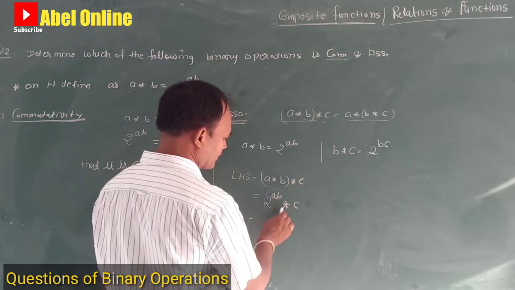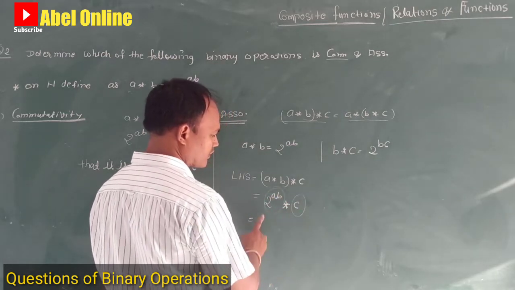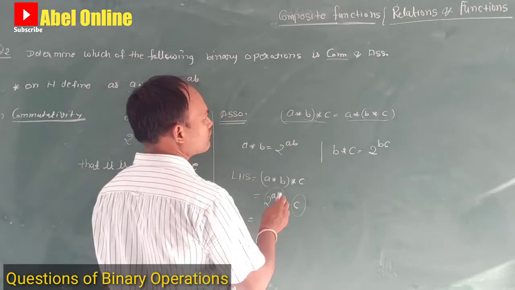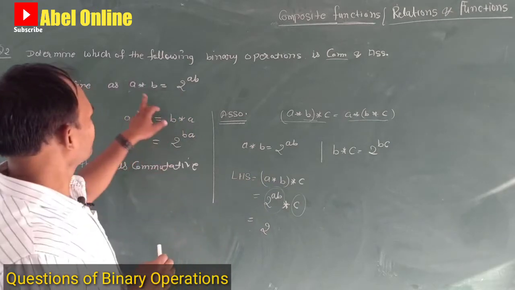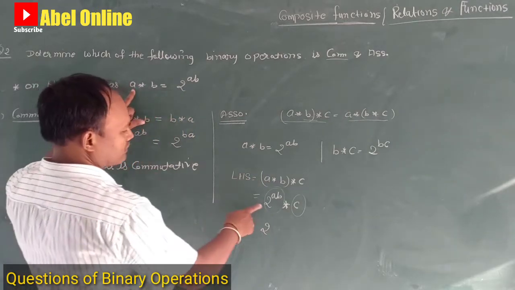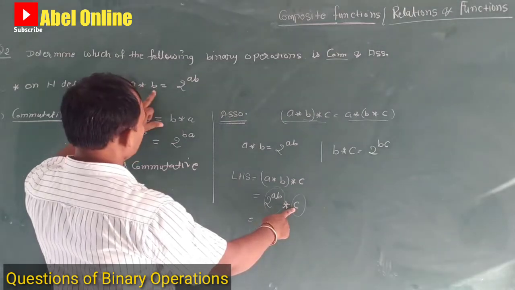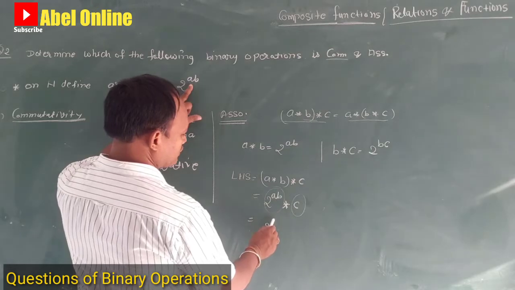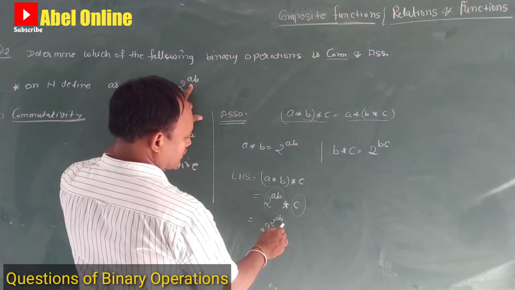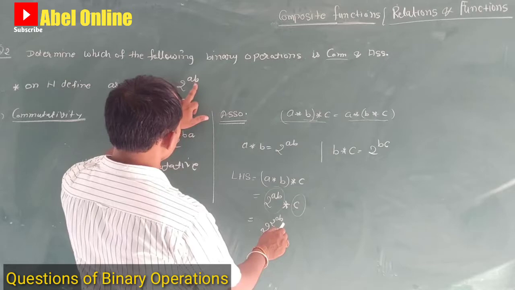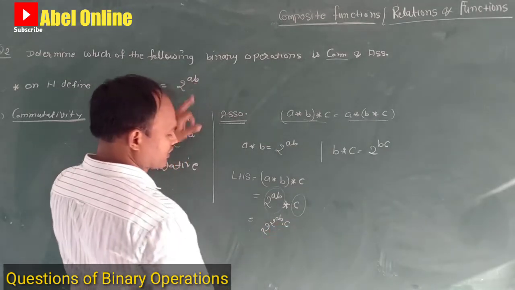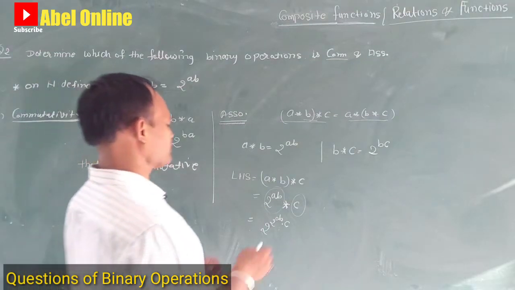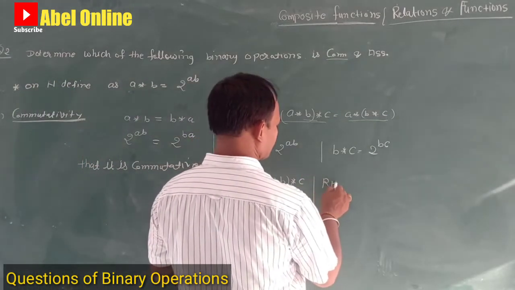Now this is the A and this is the B. So we can write here again e. Look here, this is the A and this is B. So there is the e to the power ab star c, here is the B and here is the C. So we can write e to the power e^(ab) multiplied by c. This is LHS.